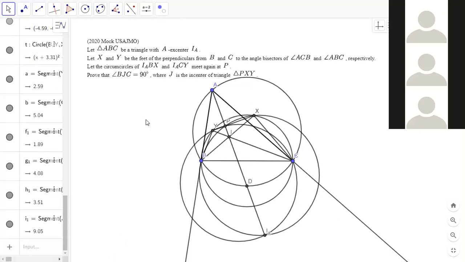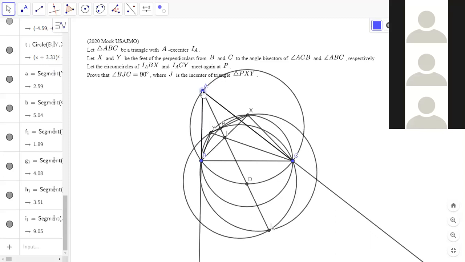Yeah, I think there might be something wrong with the problem. And we could try showing X, P, and Y are collinear, but this doesn't seem true as the problem is stated. So this point right here would be the point. Maybe J. IABX.